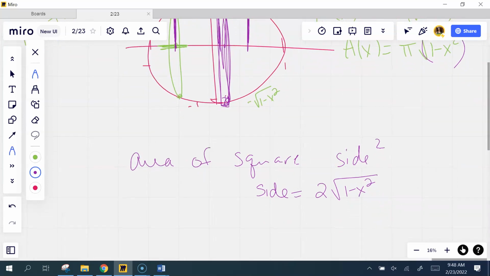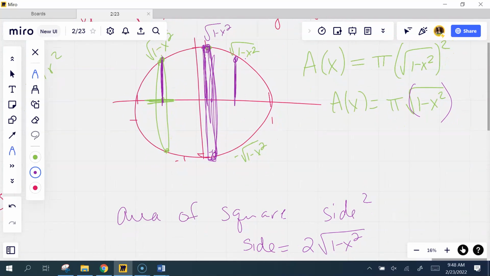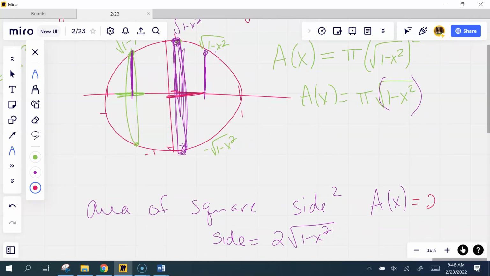Why is it that? Because there's 2 of them, right? If I just did the square root of 1 minus x squared, it would just be from here. But I need the whole length of the square. It would be side squared.